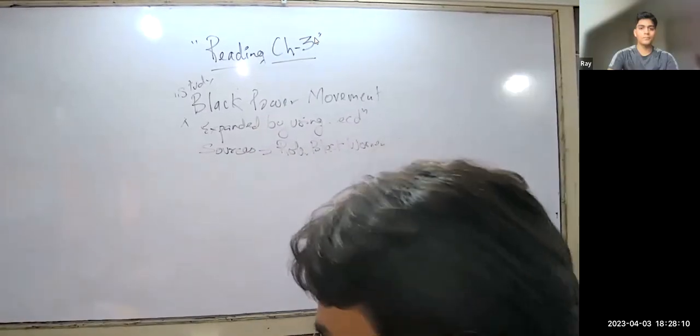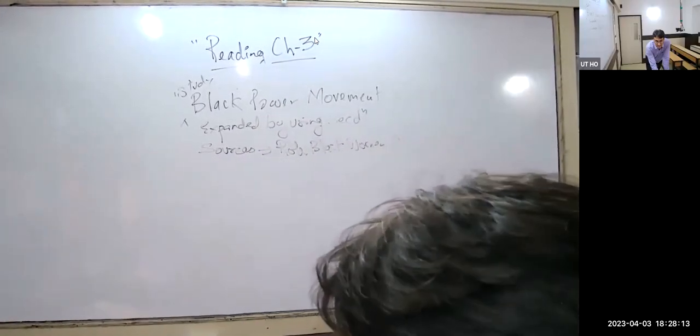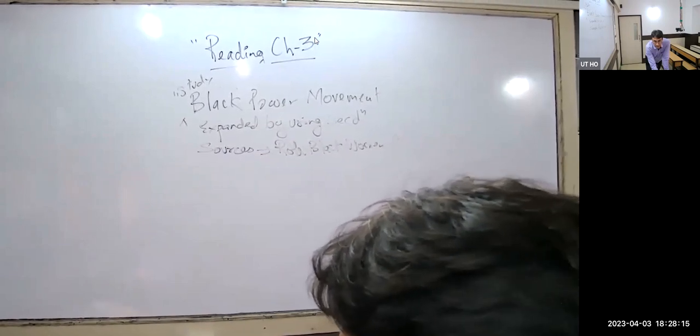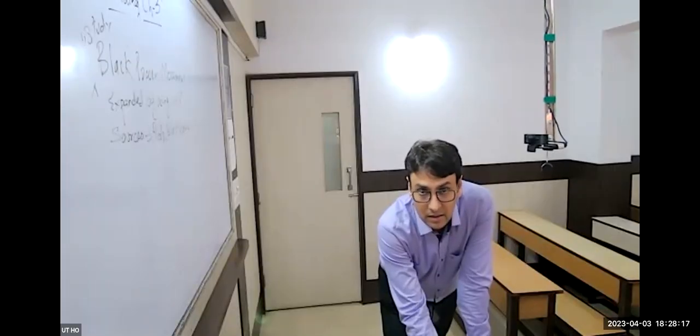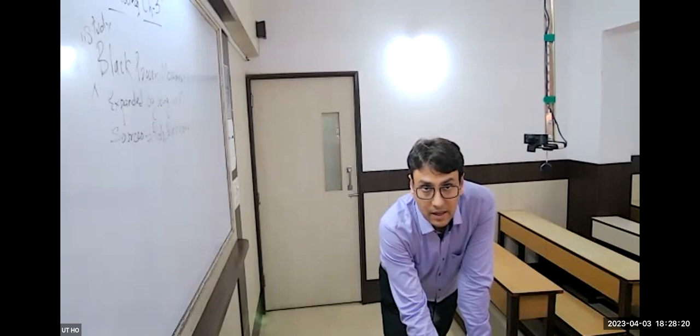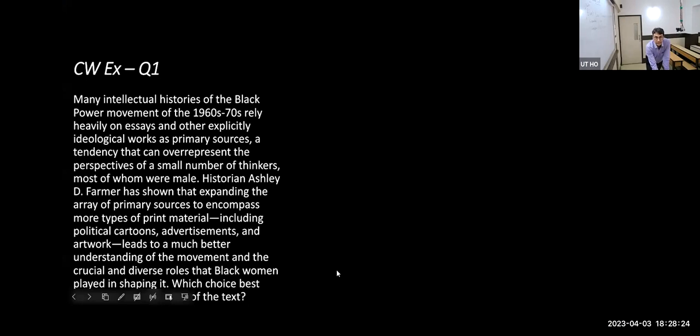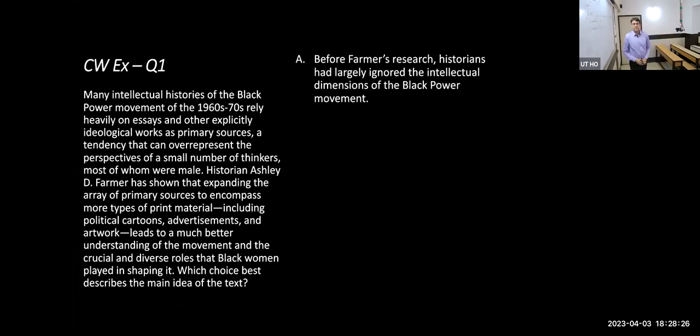Okay, if that is the case, now let us test this understanding by going to the options, and share. Incorrect, correct, maybe. It's incorrect. Before Farmer's research, historians had largely ignored the intellectual dimension of the Black Power movement.